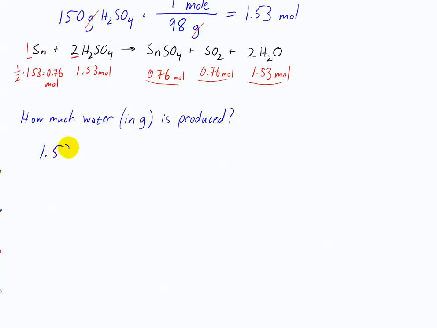We know we produce 1.53 moles of water. So we're going to multiply that by the molecular weight, or the molar mass, of water, which is 18 grams per 1 mole. 1 oxygen is 16. 2 hydrogens, 1 each, that's 18. And that comes out to something like 27-ish, right? 27.